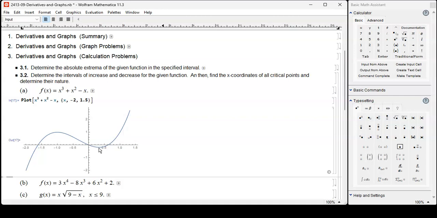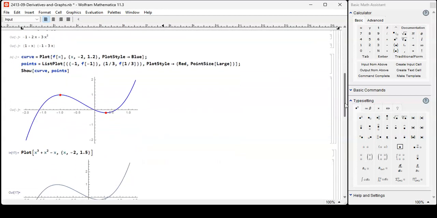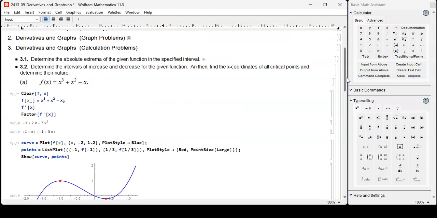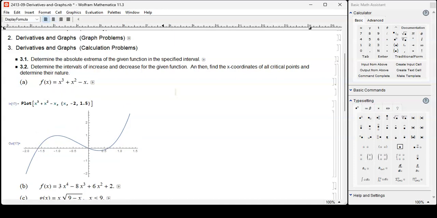So take the derivative, set it equal to 0, and then you can solve that. Oh, I don't have the solution here. I didn't bother solving it. Okay, all right. 3x squared plus 2x minus 1 equal to 0.